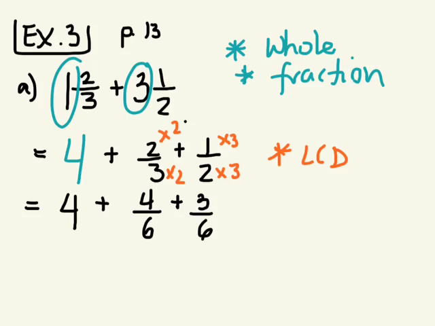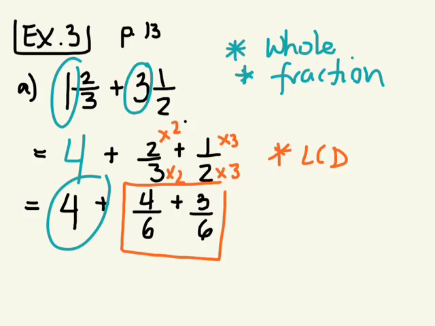Okay, right now we're working with this part. Okay, we know we have 4 wholes, right, from the beginning. Okay, well, what's 4/6 plus 3/6? 7/6, but what's wrong with that? What is 7/6 written as? It's an improper fraction. So 7/6 is equivalent to what as a mixed number? 1 and 1/6, right?